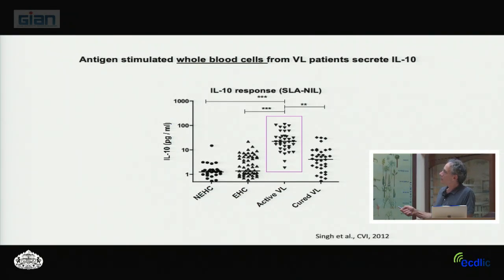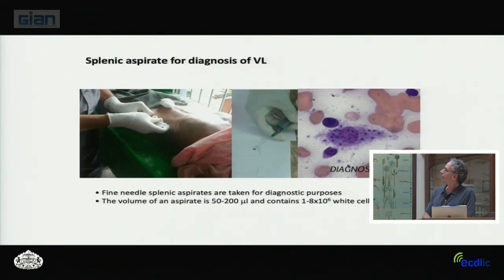So active disease is associated with cells producing a lot of interferon gamma, and most of the cells secreting IL-10 are T cells.